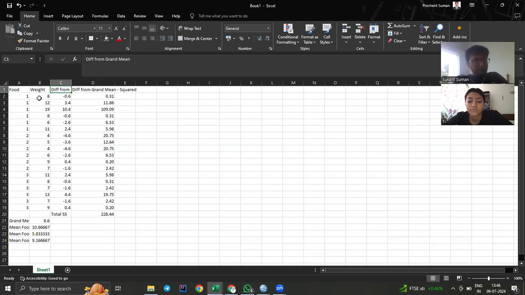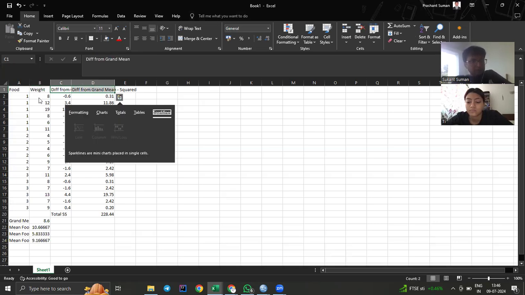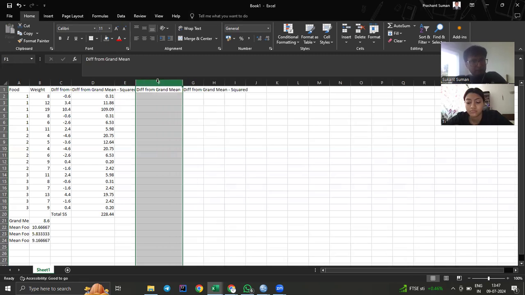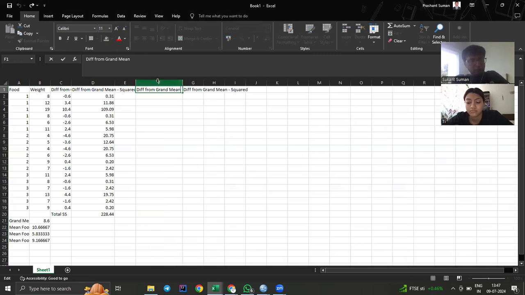Now, same way, I'll create 2 more columns here, and I'll name it difference from group mean, not grand mean anymore.